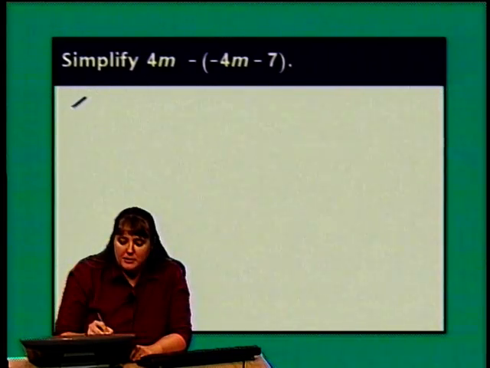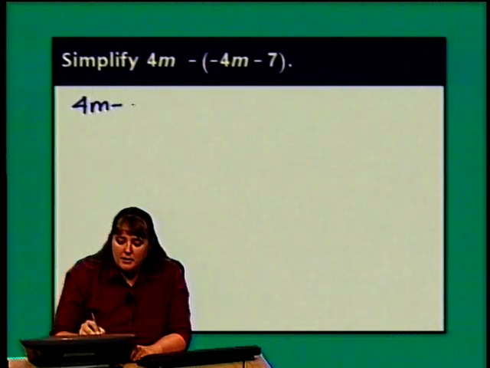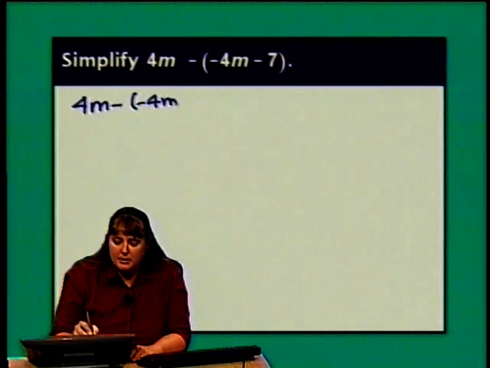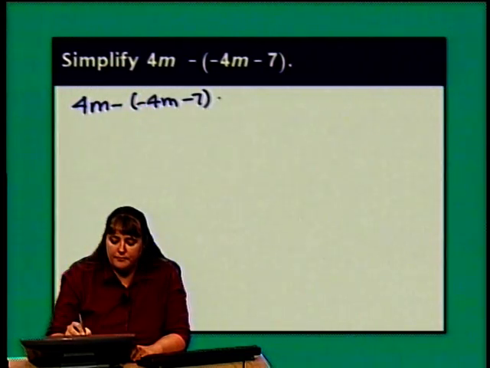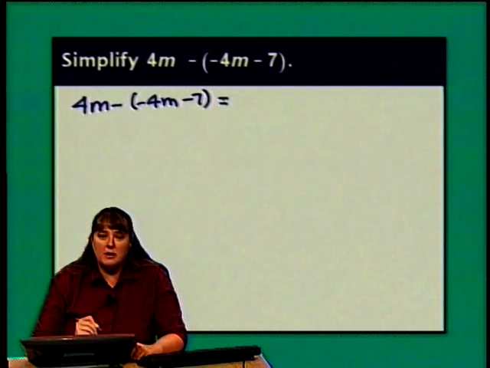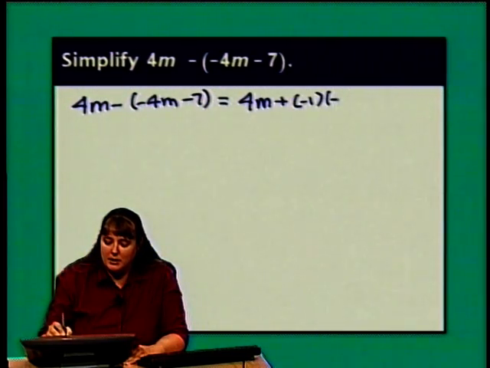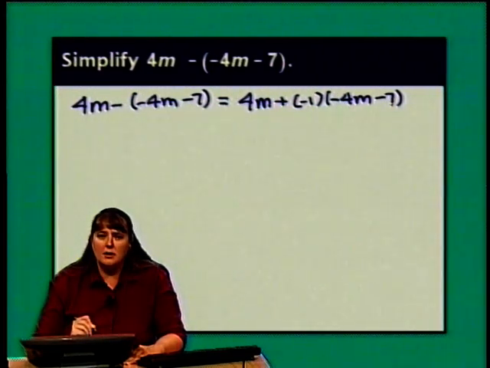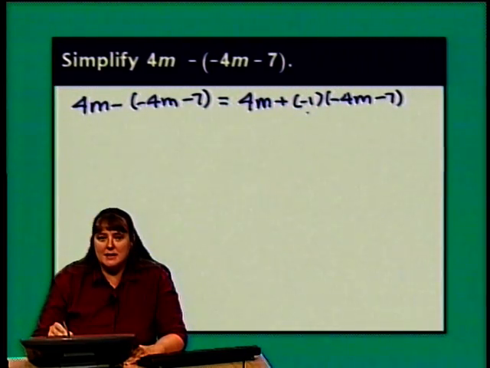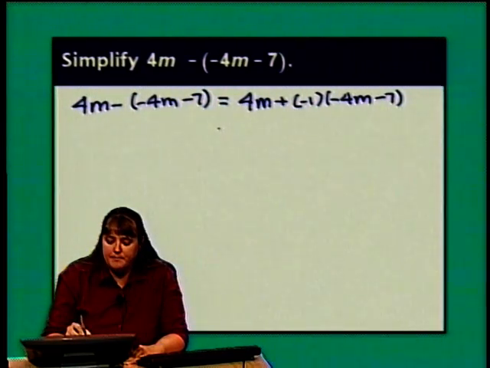Well, now let's try simplifying 4m minus the quantity negative 4m minus 7. I'm going to start by rewriting this subtraction expression as an addition expression, as 4m plus negative 1 times the quantity negative 4m minus 7. So I can see that I need to distribute the negative 1 through this second set of parentheses.